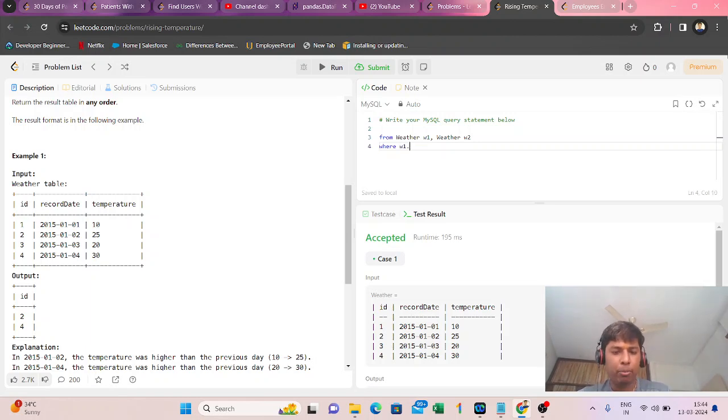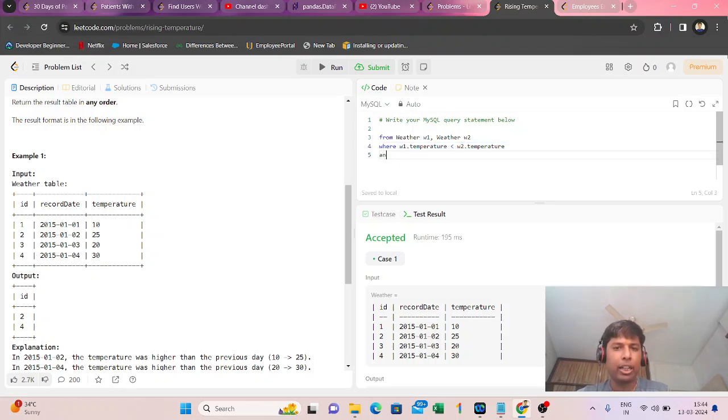First, you check when w1.temperature is less than w2.temperature. Suppose this is the first row; when it is compared with the second row, this temperature should be less than the temperature in the second row. That is what w1.temperature less than w2.temperature is checking.